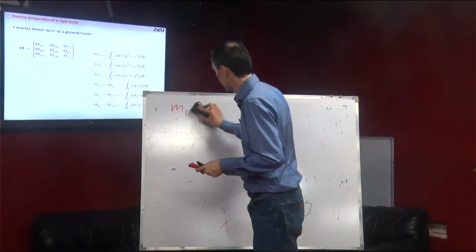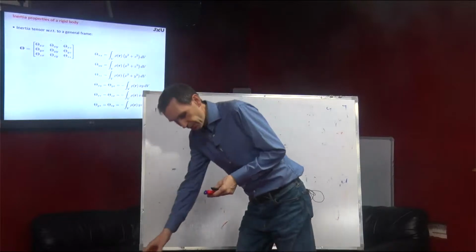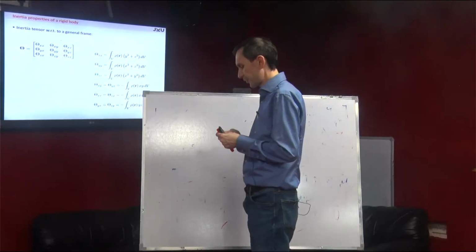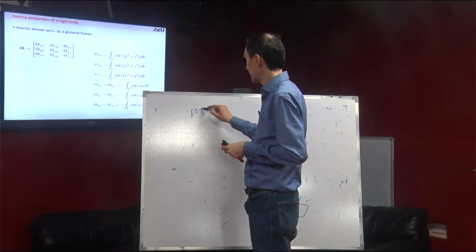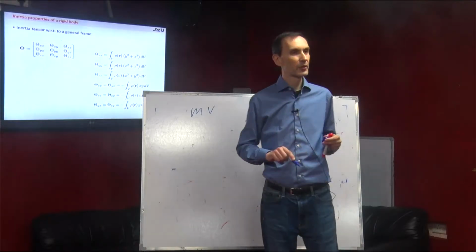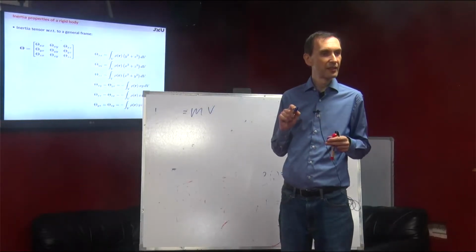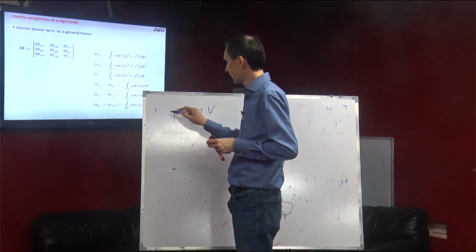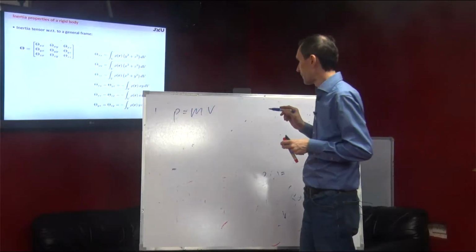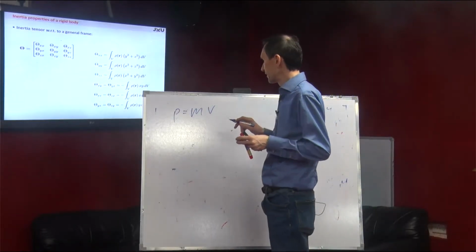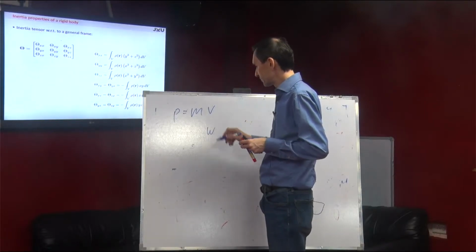So the linear momentum, so to say, and you say this is m times v. That's what you said. Okay, how do you call this? Wonderful. Now, what about omega?